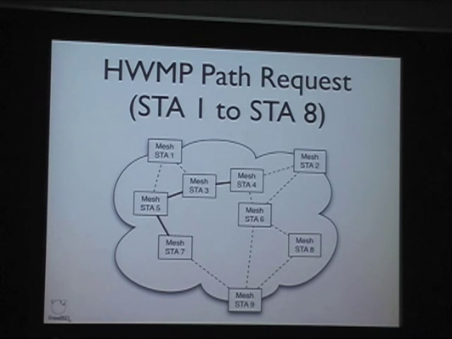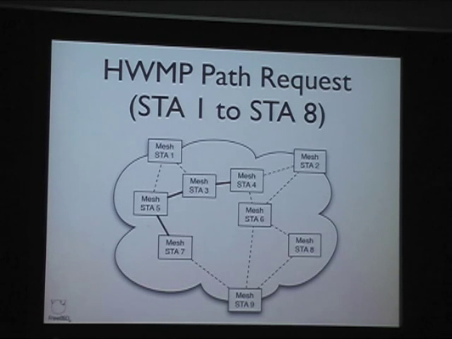But station 5 already had this broadcast, so we could be having a loop to infinity situation here, but that won't happen because the HWMP management frames have sequence numbers and also a time to live field.